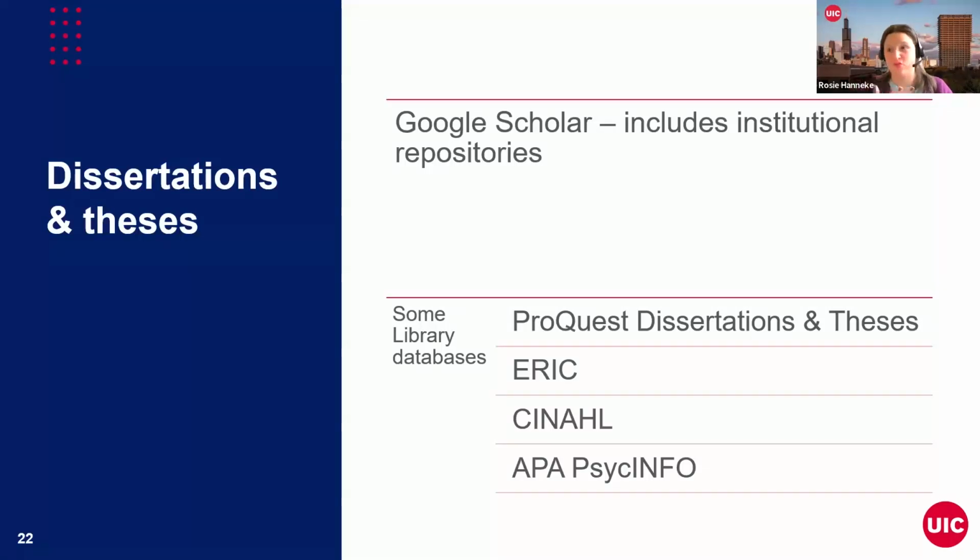In addition to retrieving scholarly articles, Google Scholar crawls institutional repositories. So at UIC, for example, we have Indigo, our institutional repository, where students can, among other things, post their dissertations and theses. And so you'll find some of those if you're searching Google Scholar as well.